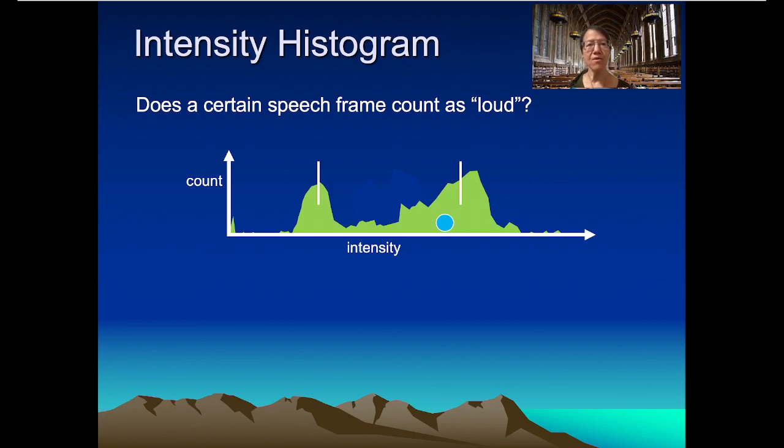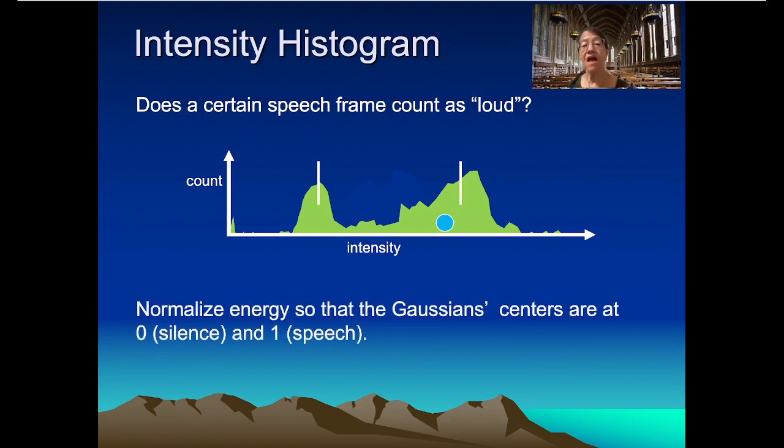And we can represent these again as 2 different Gaussians, and then we can normalize the energy so that the Gaussian centers are at 0 for silence and 1 for speech. Now, the relative distribution of silence and speech is going to vary for somebody's recording based on, for example, how much they're talking, but we can do that sort of normalization and get a reliable representation this way.